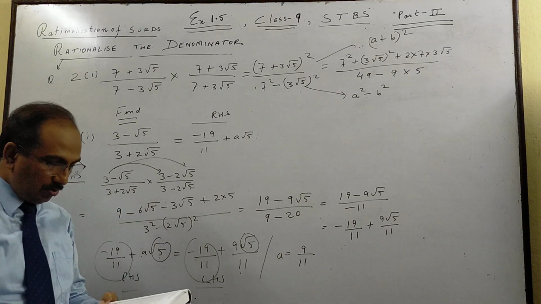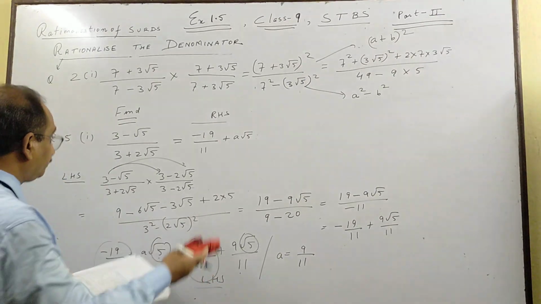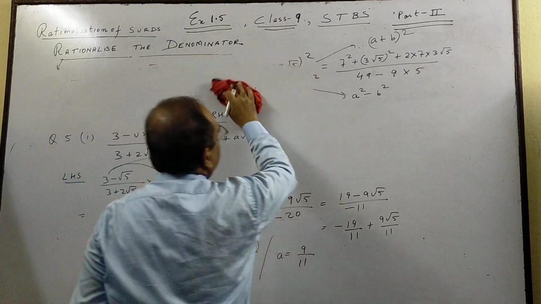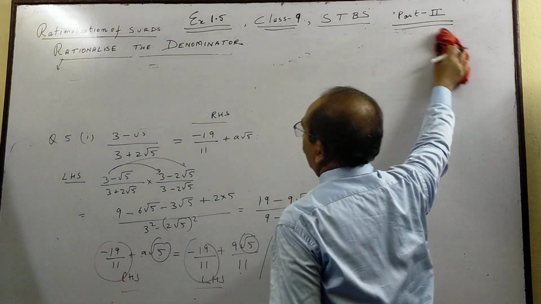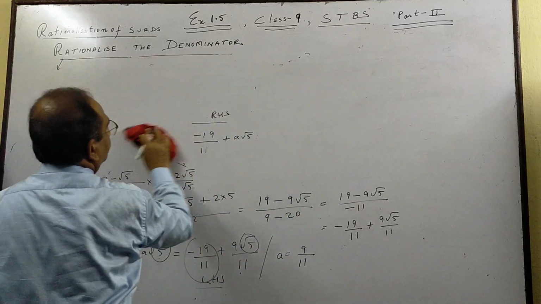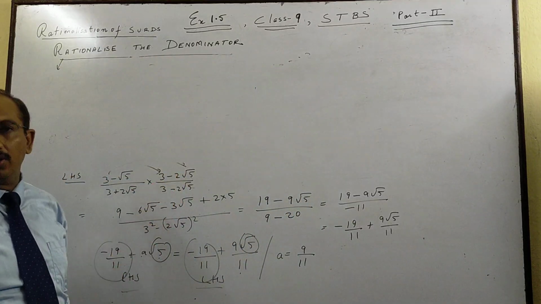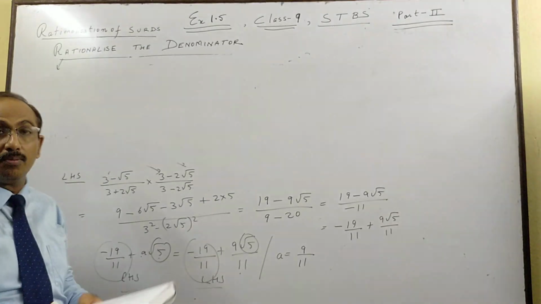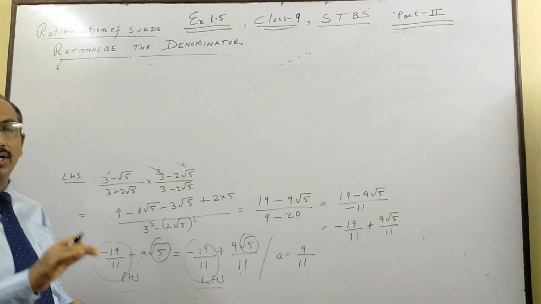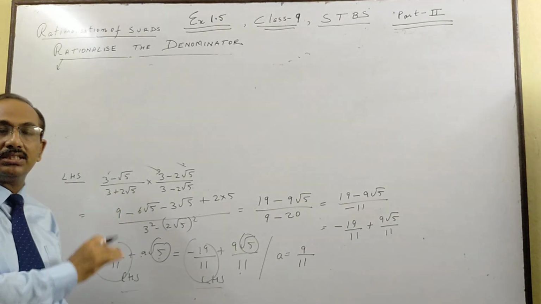So now we will go to a little more harder sum and a different sum, that is question number 7. So if you want to copy them, you can pause your video, right? Because maths needs practice. You can never do maths by seeing.